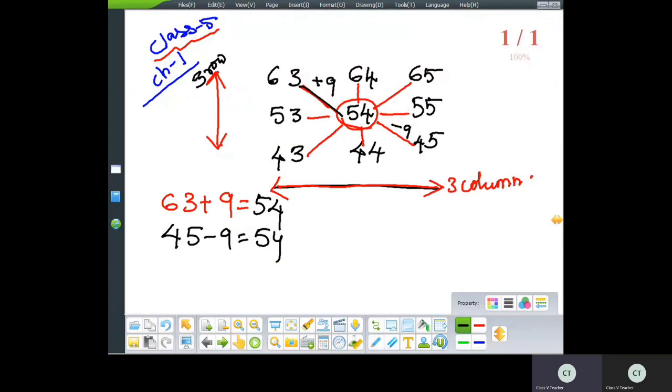So if plus 9 I'll do 54, minus 9 I'll do 54. That means the order property. This is the order property, children. So when you reverse the binary operations, it is equal distance, to prove that it is of equal distance. Just to understand, one side if you do addition, the other side automatically will do the subtraction part.